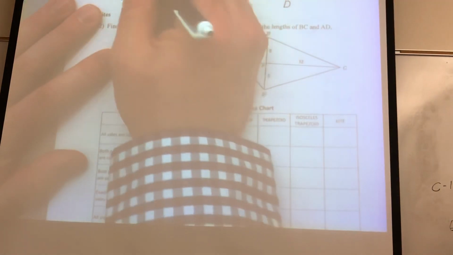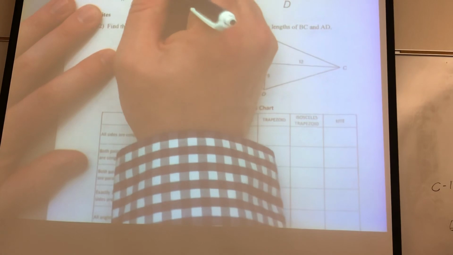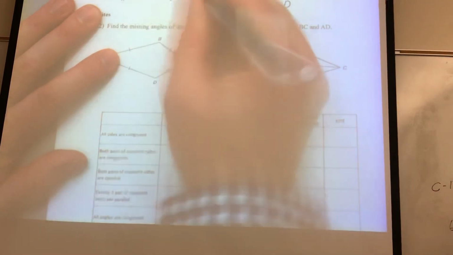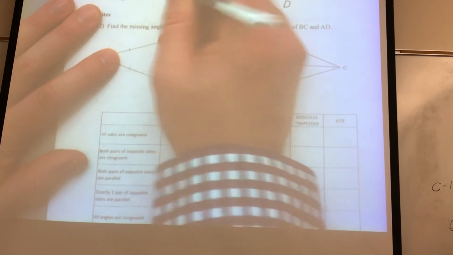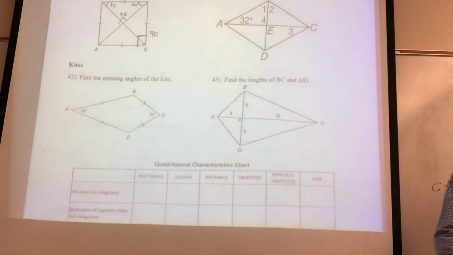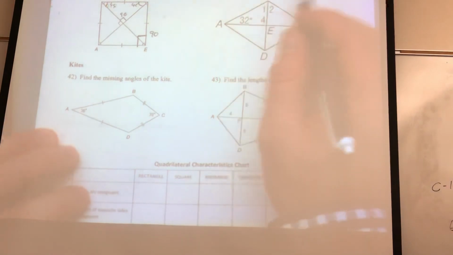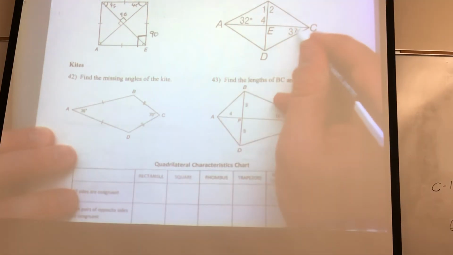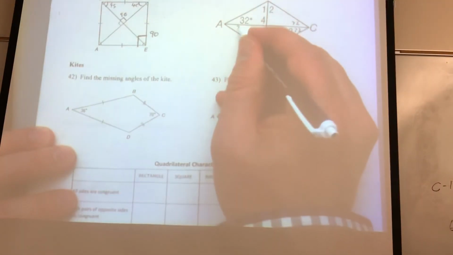Okay, number 40, find all the angles of the square. These angles right here are 45s. This angle in the middle is 90. And if we do the big angle out here on the outside, that is a 90-degree angle. So just be aware all the squares are going to work that way. On the rhombus, this is 32, this is 32, this is 32, this is 32.